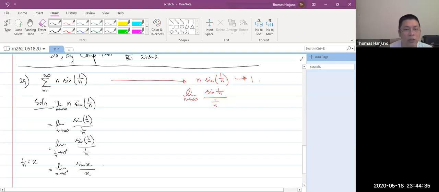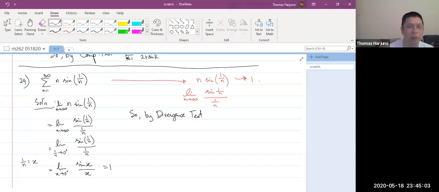But we know that equals 1. It doesn't go down to 0. So by divergence test, the sequence converges to a non-zero value, such that the series is divergent.